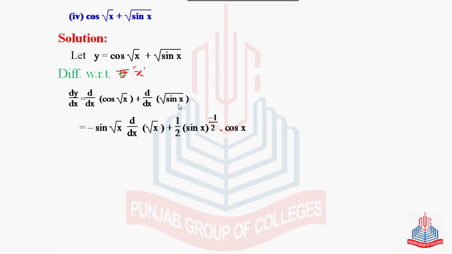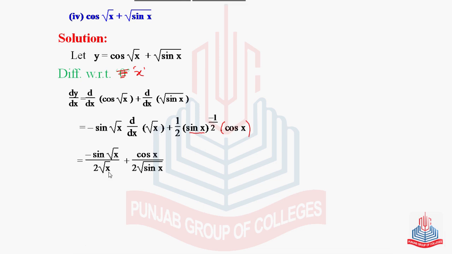So the power rule will apply: 1 by 2 function, and then 1 by 2 minus 1, which is minus 1 by 2, and then the derivative will apply on this inner function sin x, as the derivative of sin x is cos x. Now the next step will become minus sine square root x, and the derivative of square root of x will become 1 by 2 square root of x.